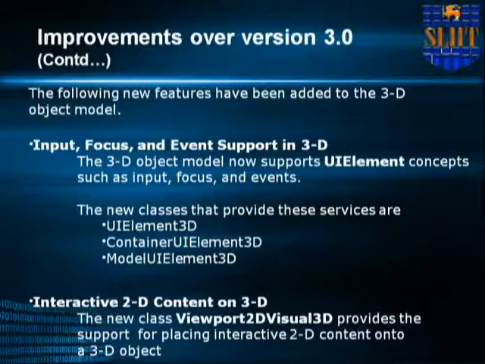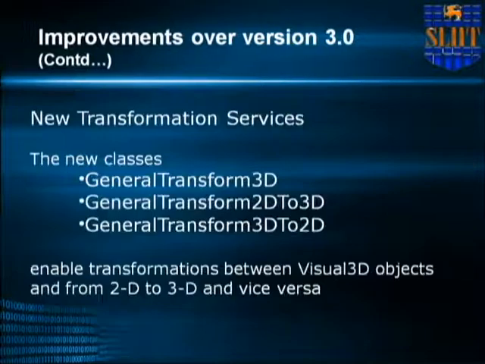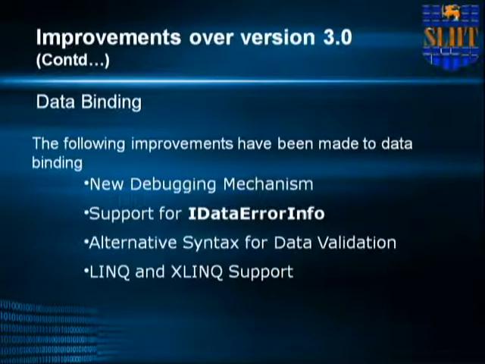The new class Viewport2DVisual3D provides the support for placing interactive 2D content onto a 3D object. New classes GeneralTransform3D, GeneralTransform2DTo3D, and GeneralTransform3DTo2D enable transformation between Visual3D objects and from 2D to 3D and vice versa.